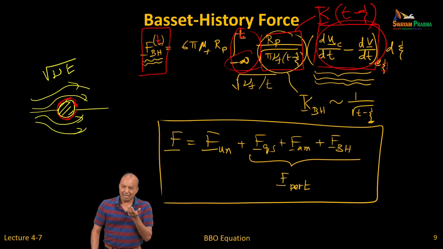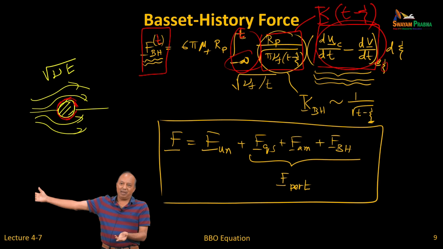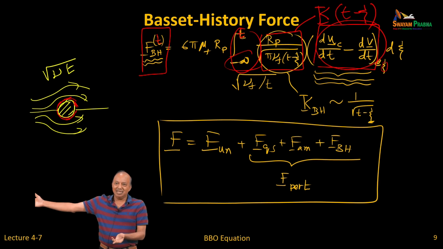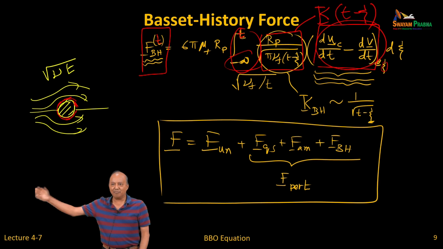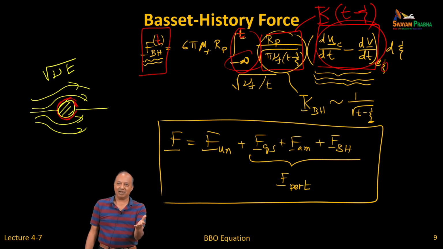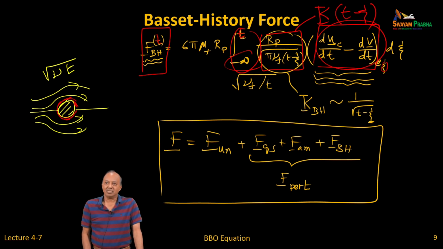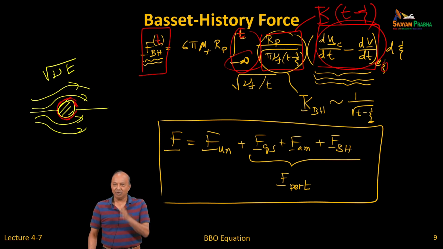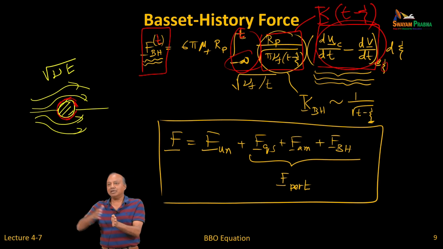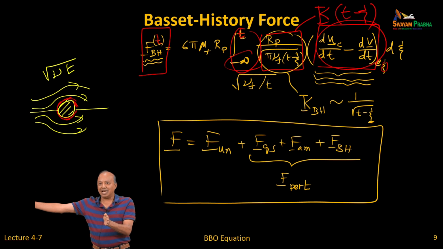So in other words, with Bassett history, all the boundary layer growth and accelerations from the past, it's like karma. All your previous actions will have an effect now, and it's also causal. What you're going to do next has no effect on you. So your force at time t depends on all your past accelerations.